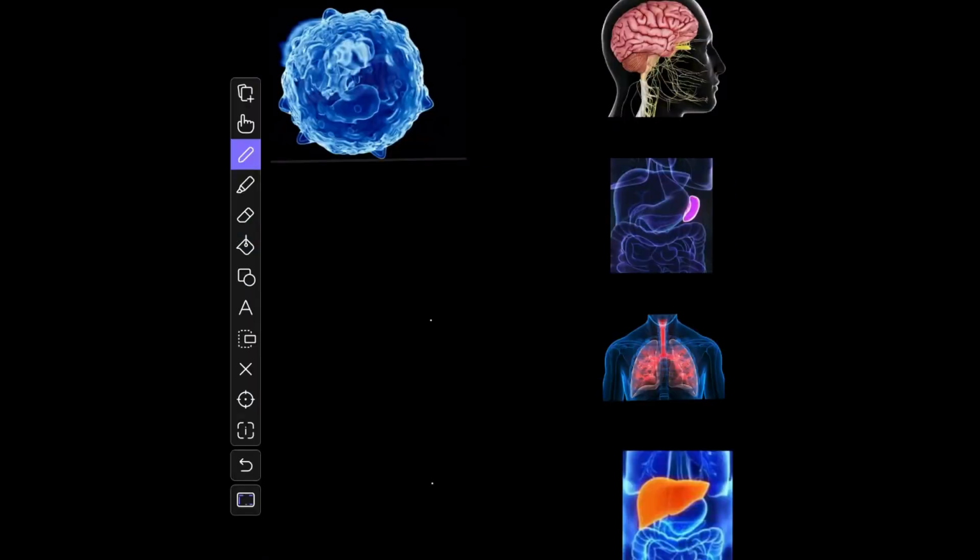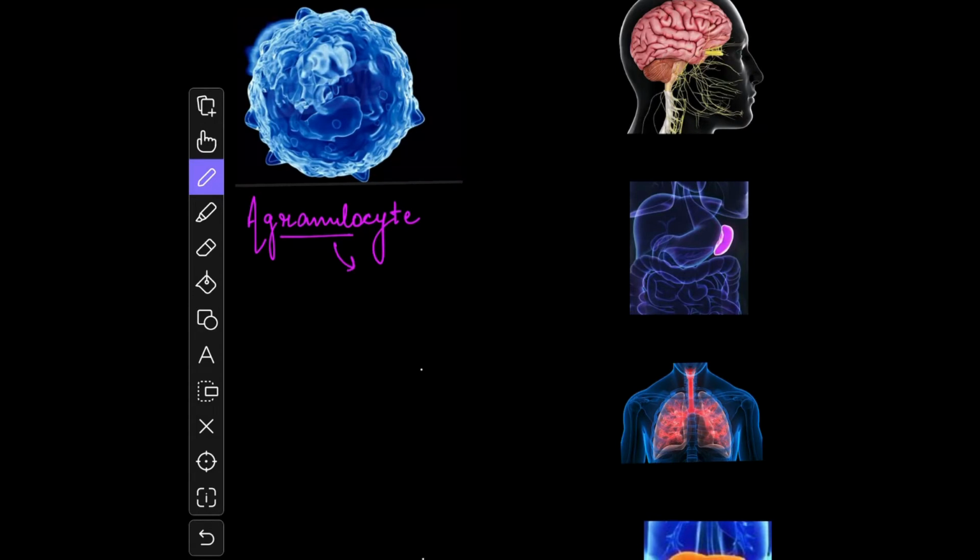Now let us look at the features, functions and their formation. Monocyte is basically an agranulocyte. That is, they do not have granules in the cytoplasm.